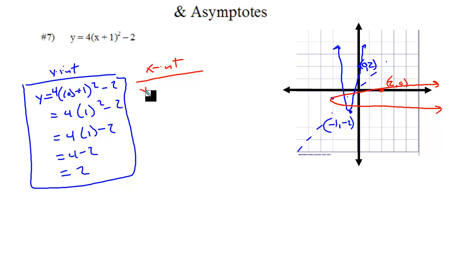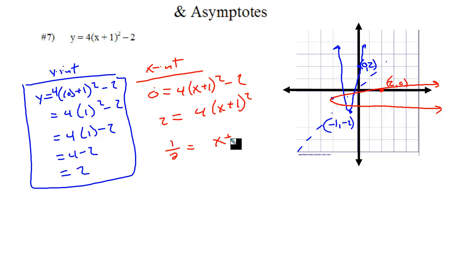To find the x-intercept of this same function here, I'm going to put 0 in for y and get x by itself. Add 2 to both sides. Divide both sides by 4. Square root both sides.